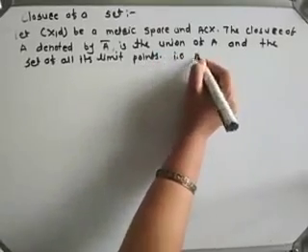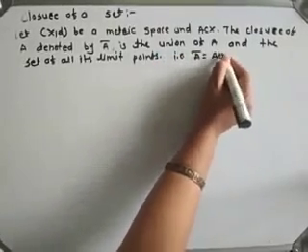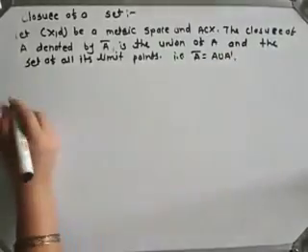That is, A closure is equal to A union A dash.